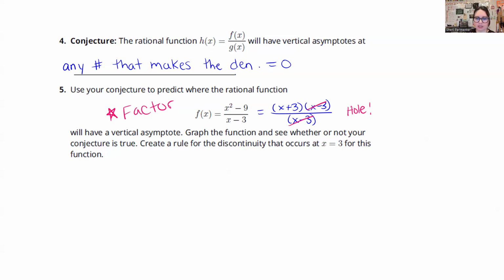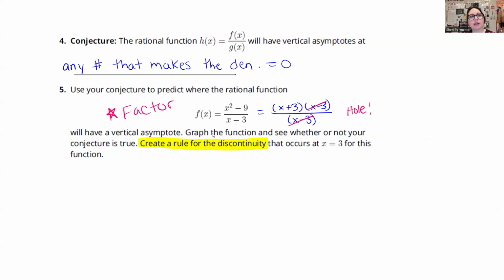The next question talks about create a rule. We're not really creating a rule. We're just naming it. And you may have learned this last year. But what happens when you remove this factor? We're canceling it out. We're removing it from our equation. It's called a removable discontinuity.